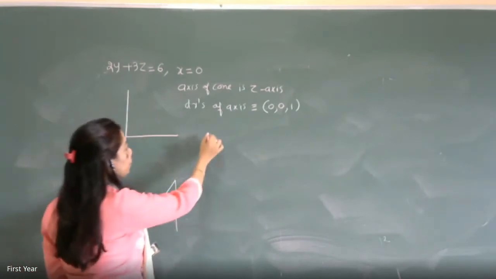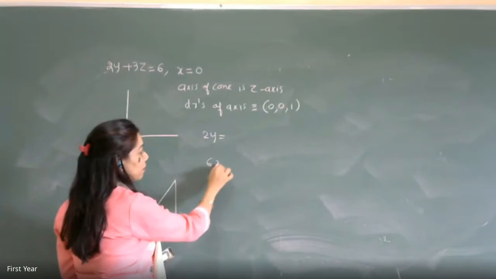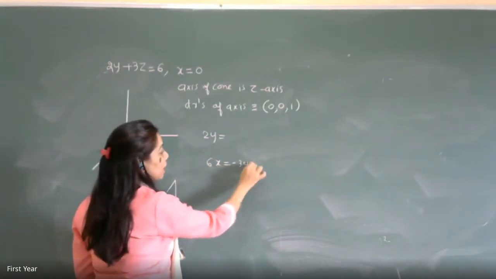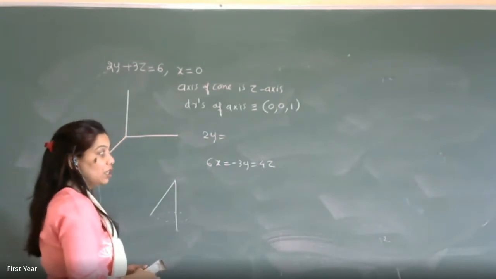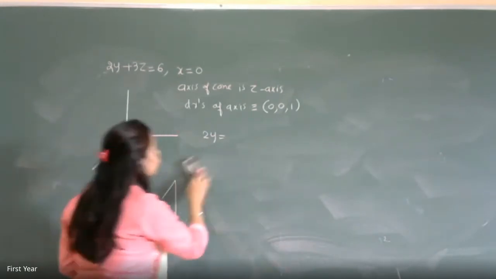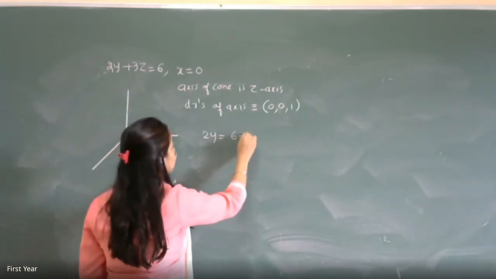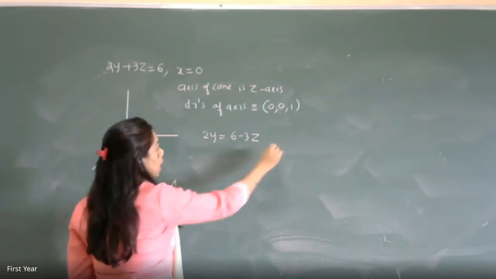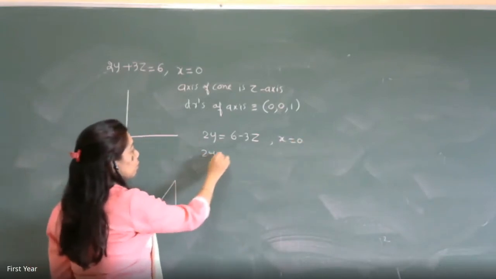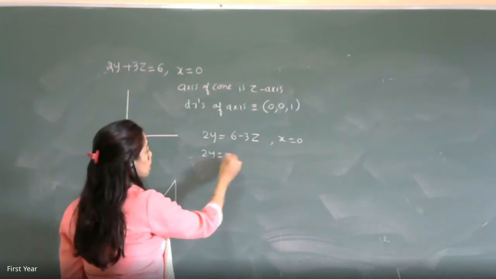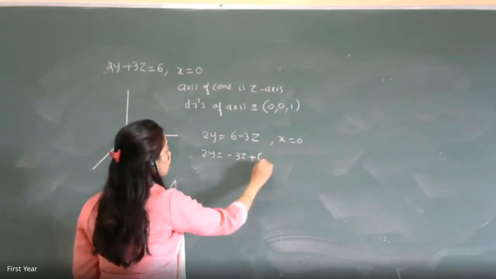Just see. This is the way we did it for this example: 6x is equal to minus 3y is equal to 4z. We divided by 12 and we got the answer. We wrote it in symmetrical form. So this also we are going to write in symmetrical form: 2y is equal to 6 minus 3z, x is equal to 0, and 2y is equal to minus 3z plus 6.